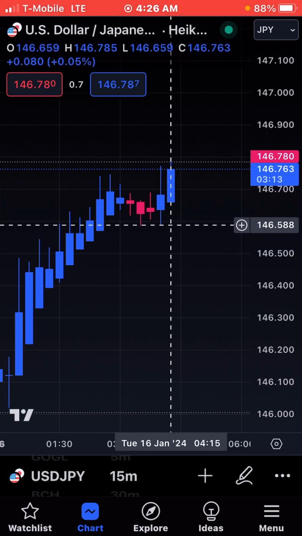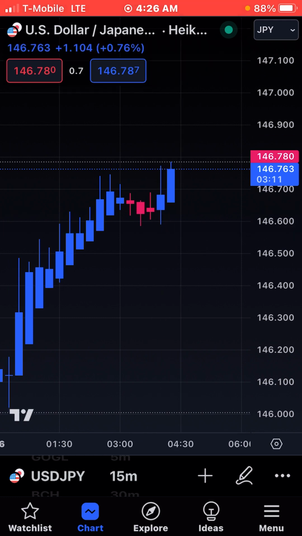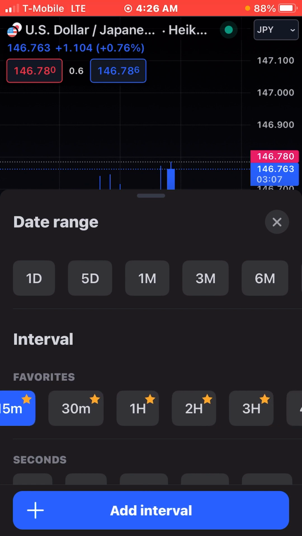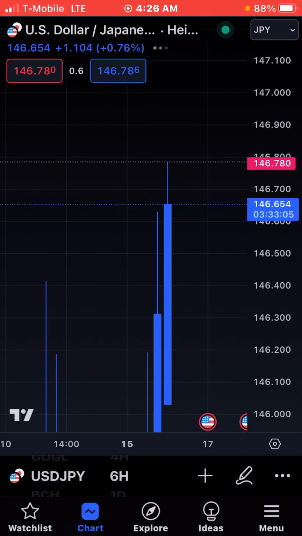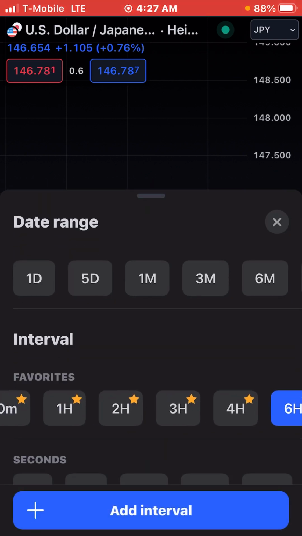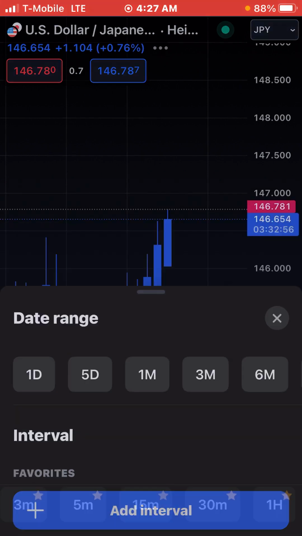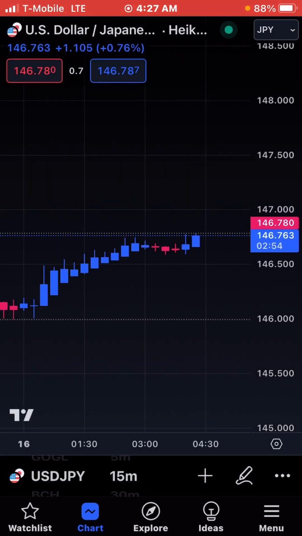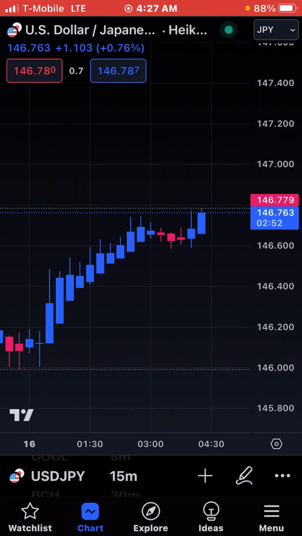We see a couple examples, and what you want to look for is a tail. When we looked at it on the 6 hour, you saw 3 or more strong candles. So on a shorter time frame, like 15 minutes, you want to look for the candle to start weakening.